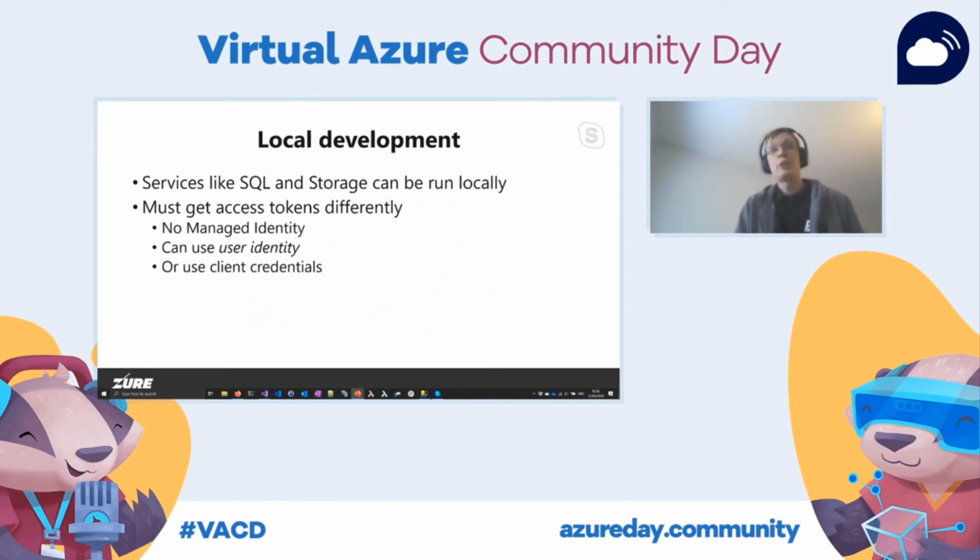And it's something that we can do because those RBAC roles in Azure, you can assign to users as well. So you can give a user a blob data contributor role on a storage container, and then get an access token for that user locally for your own user and use that instead.